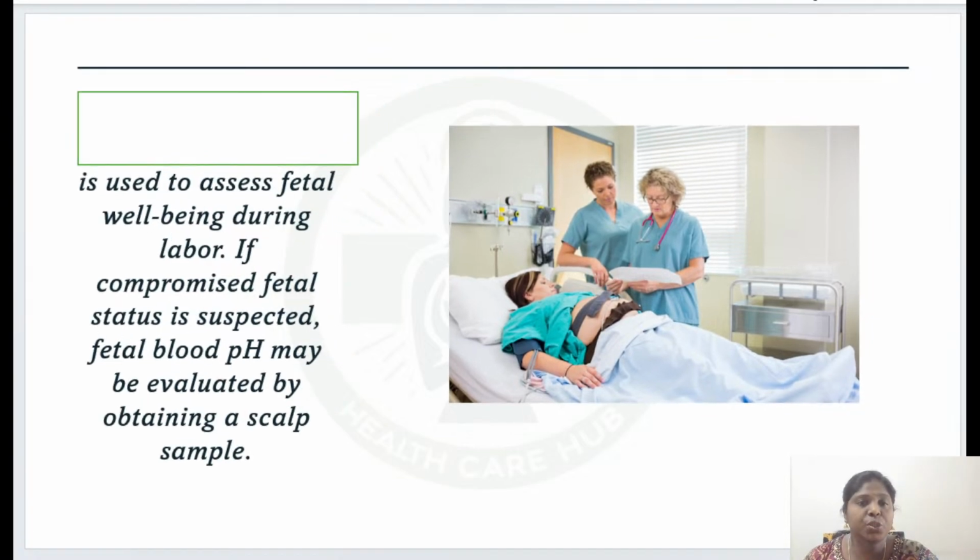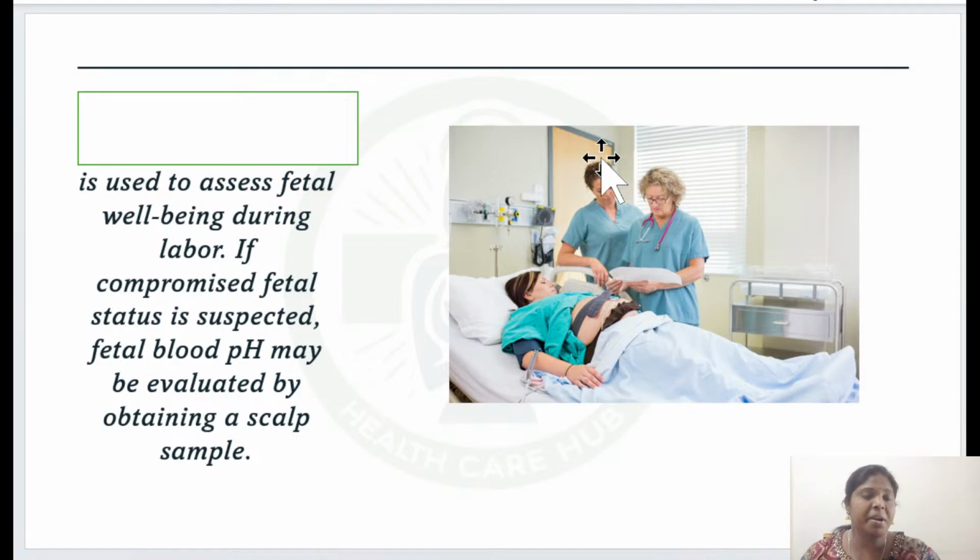Dash is used to assess the fetal well-being during labor. If compromised fetal status is suspected, fetal blood pH may be evaluated by obtaining a scalp sample. So here the question is regarding what procedure is shown here. Using what instrument are they monitoring the fetus inside the mother?